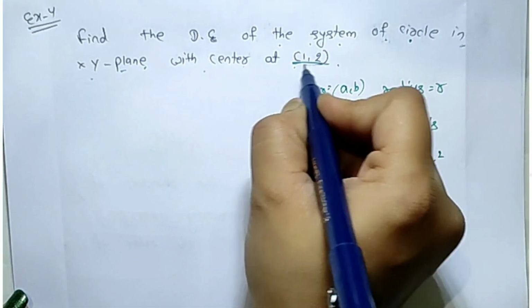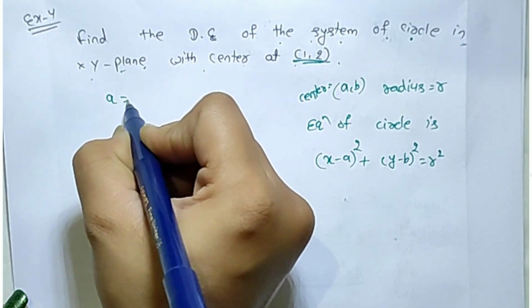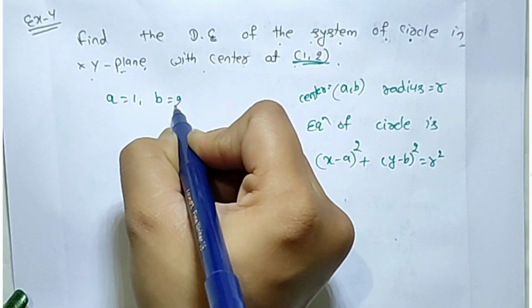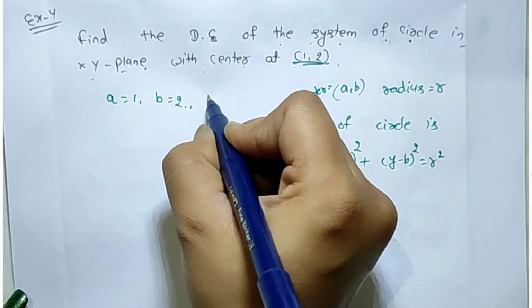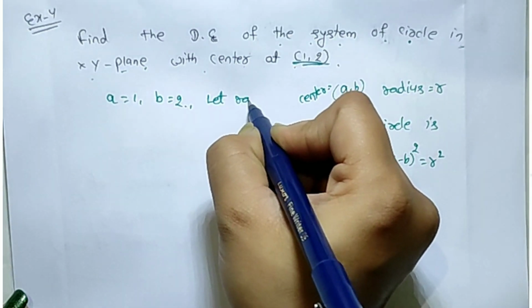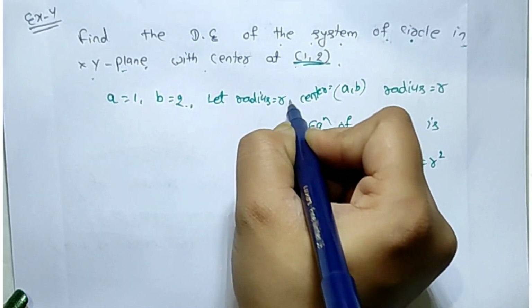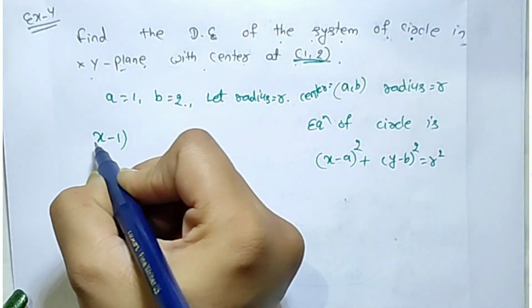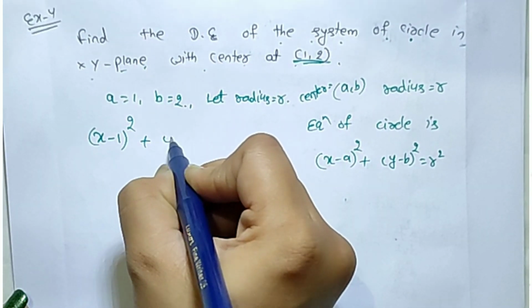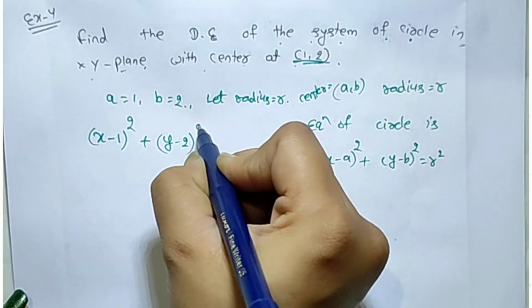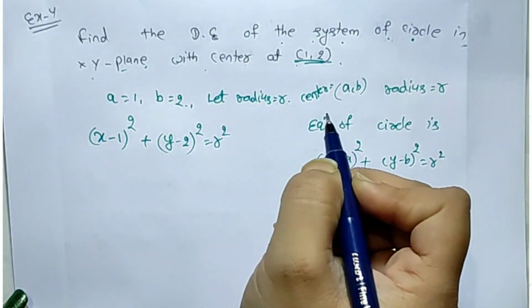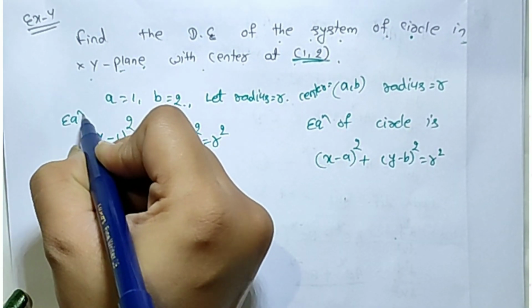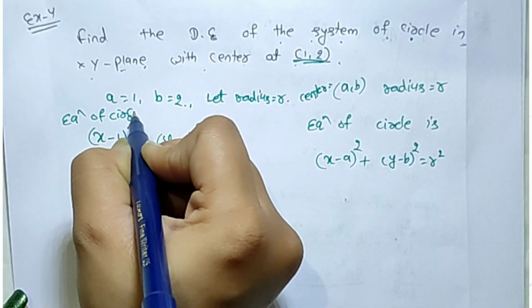Here we are given center (1, 2), so a is 1 and b is 2. Radius r is not given, so let the radius be r. The equation of the circle will be (x minus 1) squared plus (y minus 2) squared is equal to r squared.